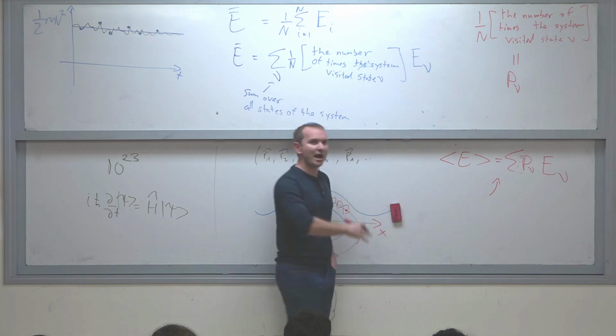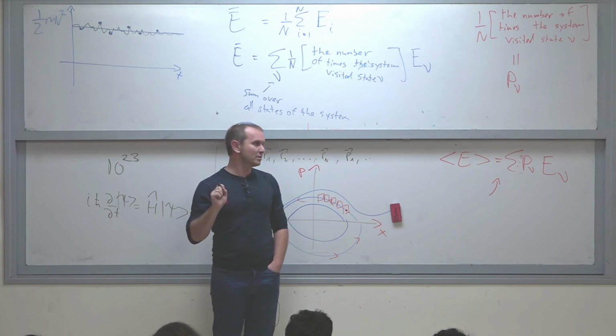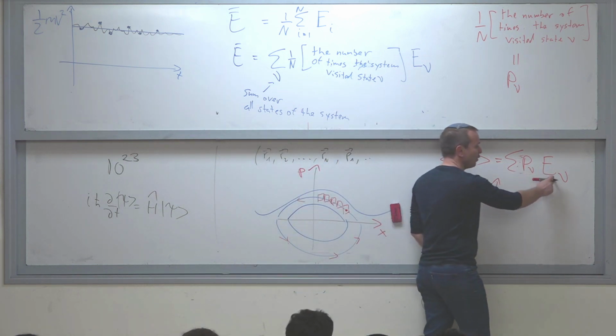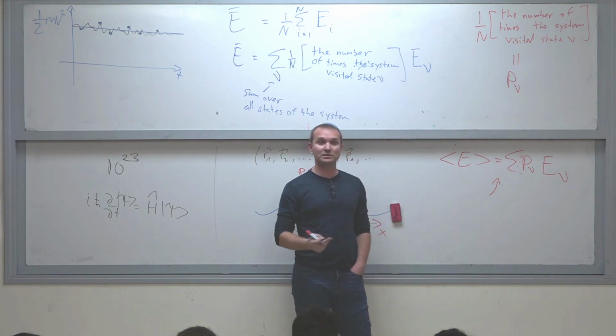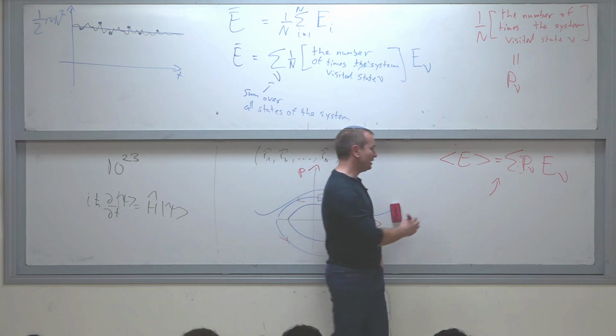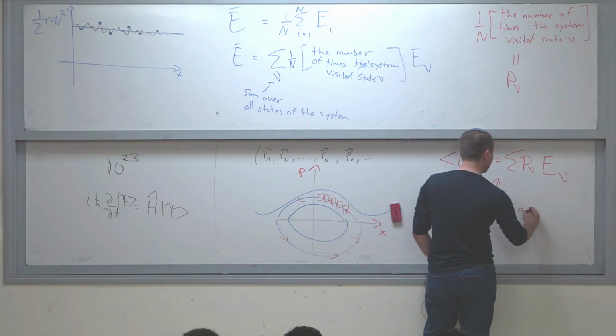I don't care how the system evolves. I pick up a system with probability P ni, and the value of the energy for this system is E ni. It's not moving in time, nothing really happens. It's termed ensemble averaging.